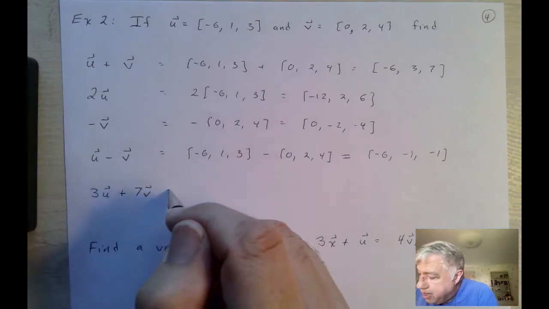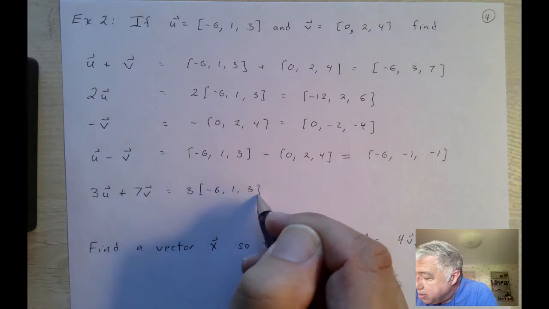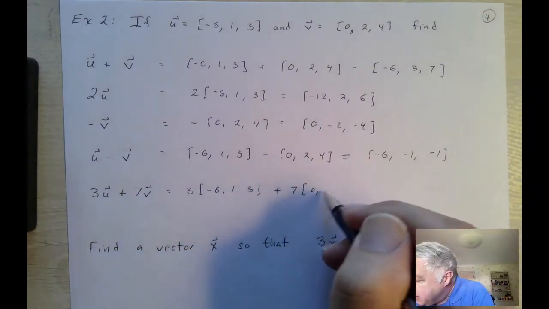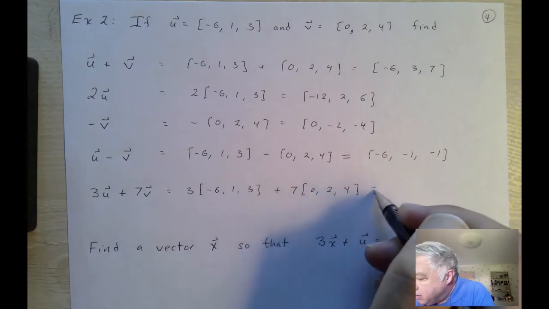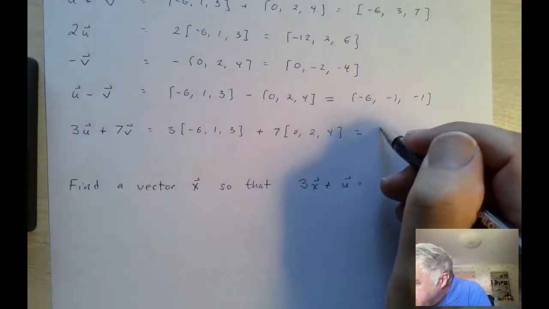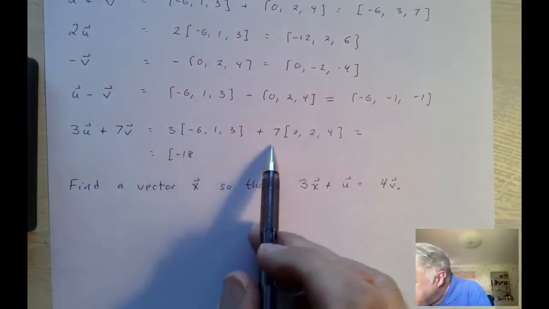And then 3 times u plus 7v. What would this be? This would be negative 18 plus 0.